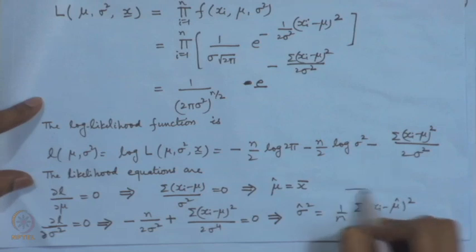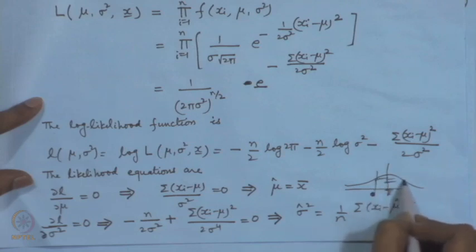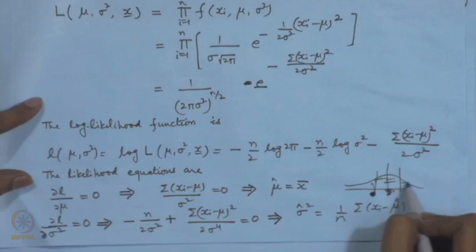So, if we plot the behavior with respect to mu, then the maximum is occurring at x bar, but if x bar is greater than 0, I will consider 0 here and this region is coming. So, the maximum likelihood estimator will be x bar. However, if 0 occurs on this side and then we have this portion, then the maximum will occur at 0.